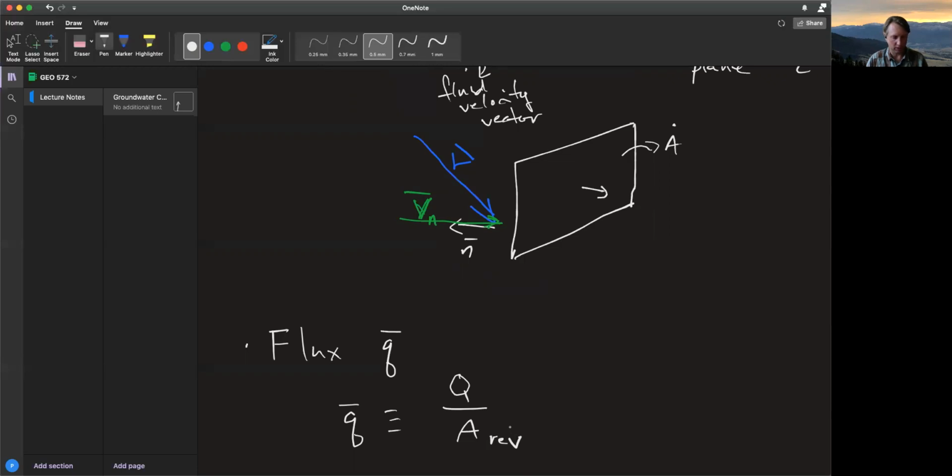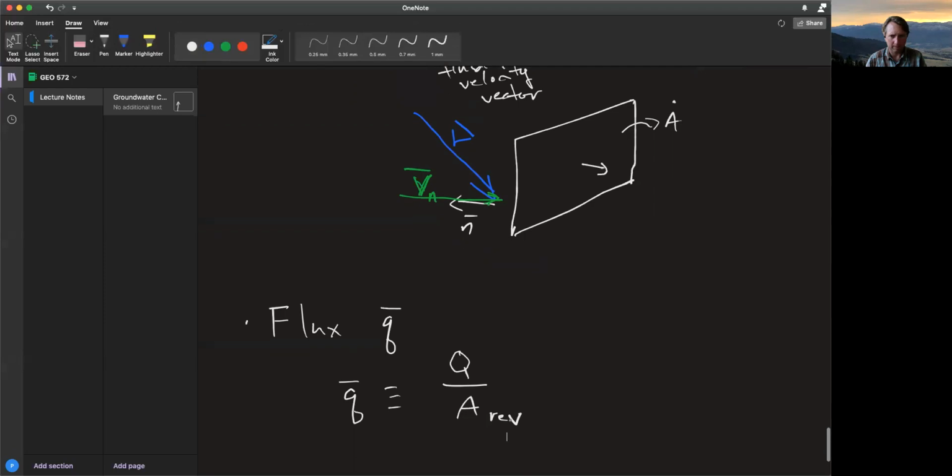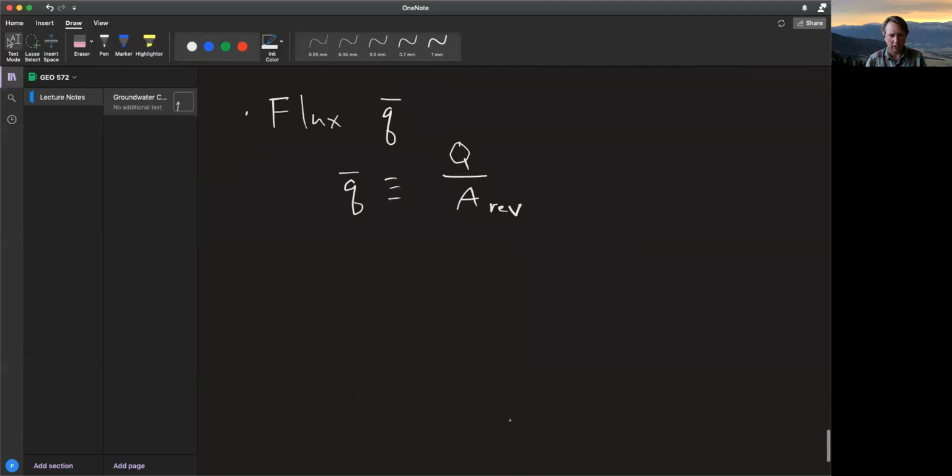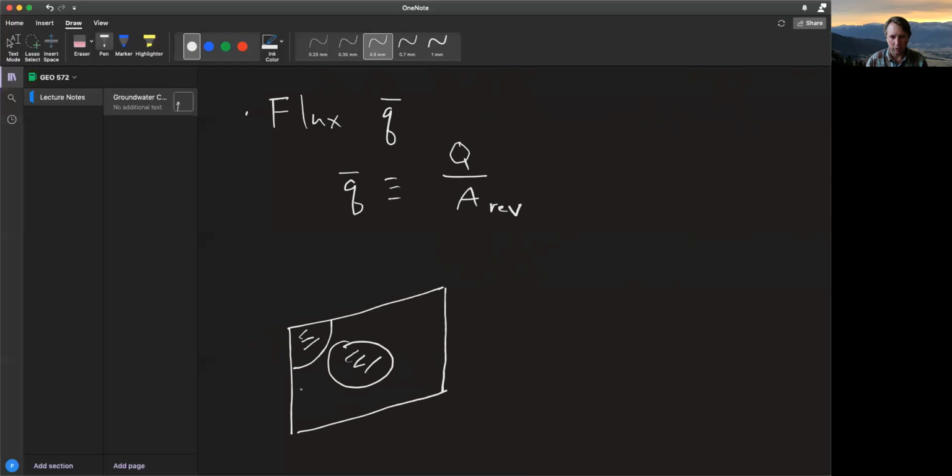Let's think about what this means, and let's draw another plane here. This plane's in a porous media, so I'm going to put rock grains in here.